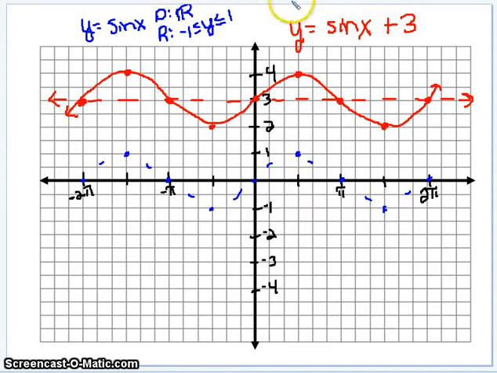If we have y equals the sine of x plus 3, then my domain does not change. My domain is still going to be all real numbers, but my range is actually going to be from 2 to 4. We're going to add 3 to both of those. So negative 1 plus 3 is going to take me to 2, and my range is going to go all the way up to 4 because 1 plus 3 is 4.